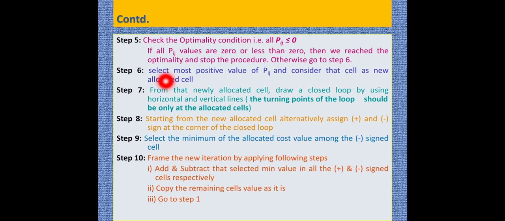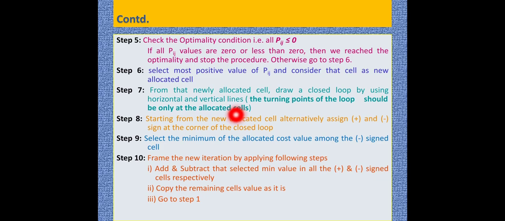Step 6 says select the most positive value of Pij and consider that cell as a new allocated cell. Step 7. From that newly allocated cell, draw a closed loop by using horizontal and vertical lines. The turning points of the loop should be only at allocated cells.